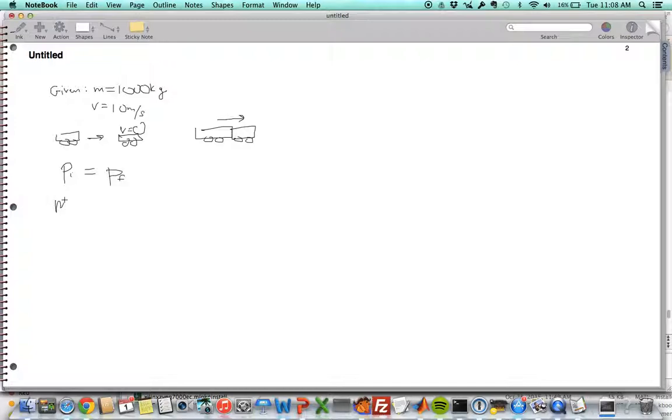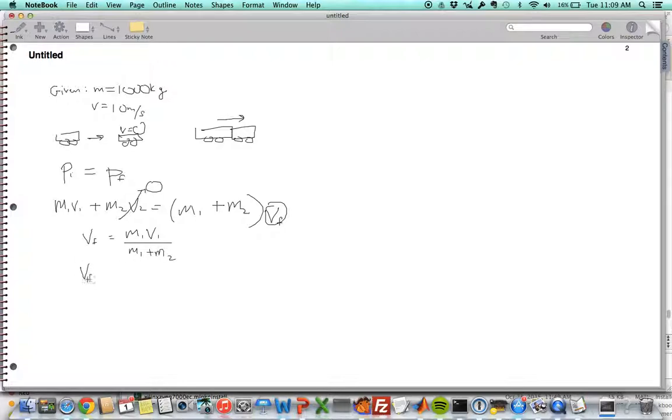And so we know that m1v1 plus m2v2 is equal to m1 plus m2 times v final. And so we know v2 is 0. So if we want to find v final, then our v final is equal to m1 v1 over m1 plus m2.